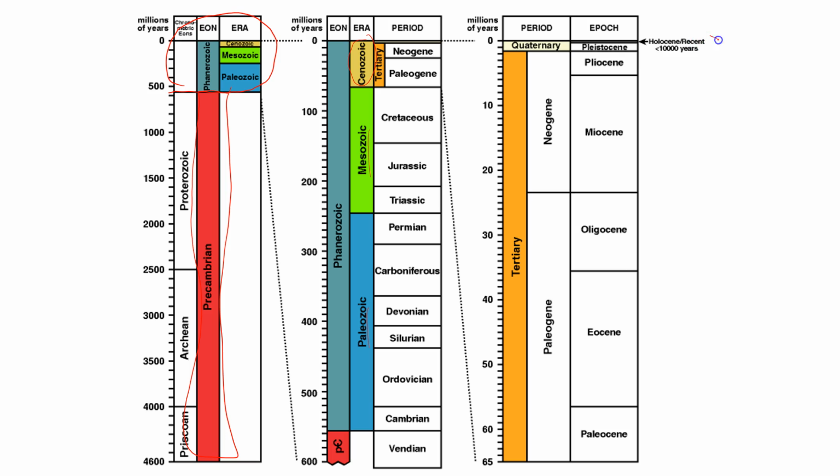The Holocene takes up just a tiny little sliver of that overall time period. So part of what you need to understand is that, in terms of the age of the Earth, human existence is fairly inconsequential compared to how long the Earth has actually been around.